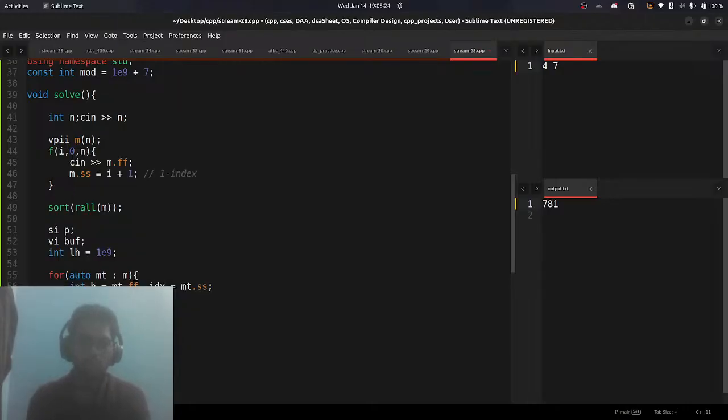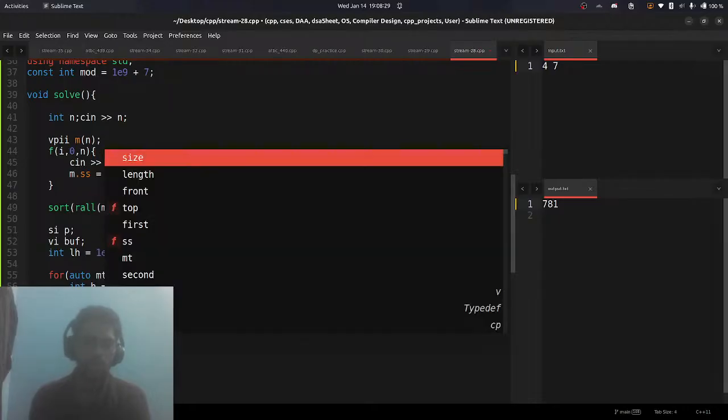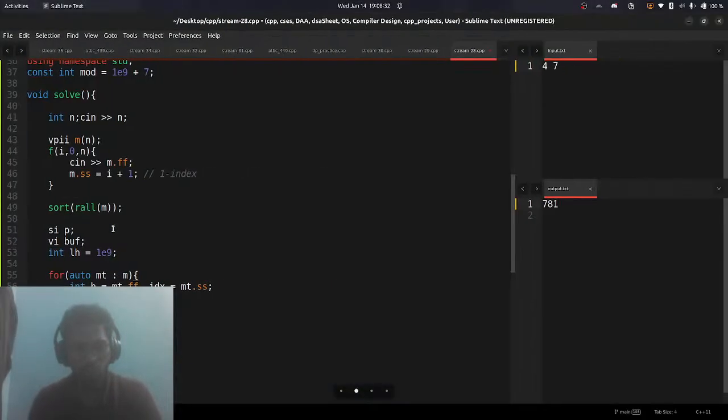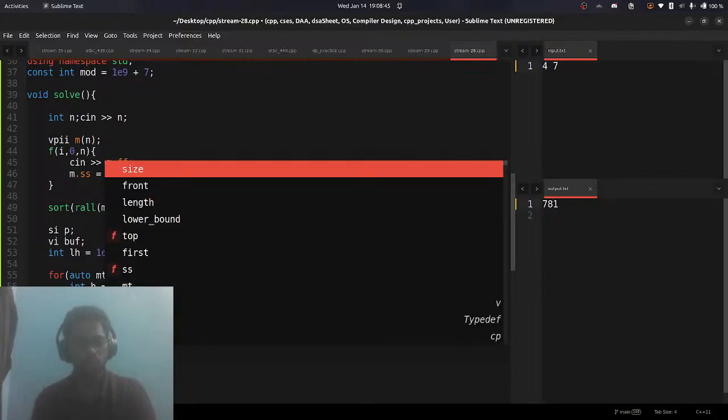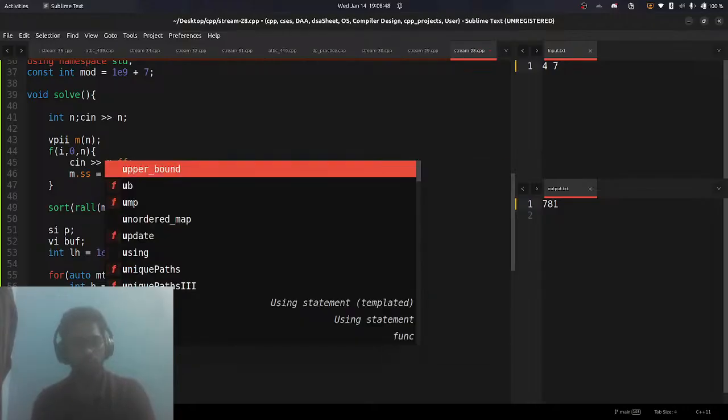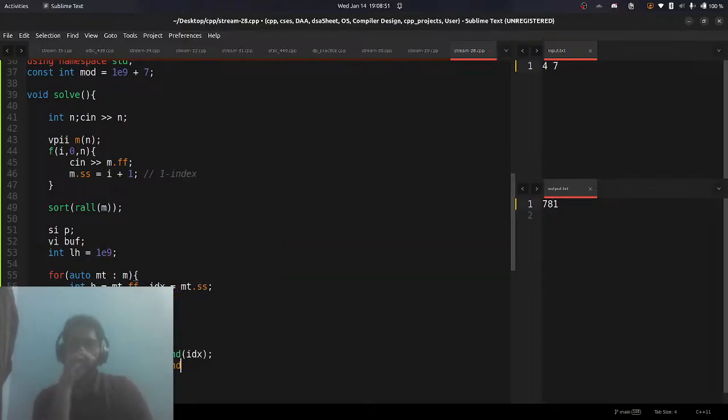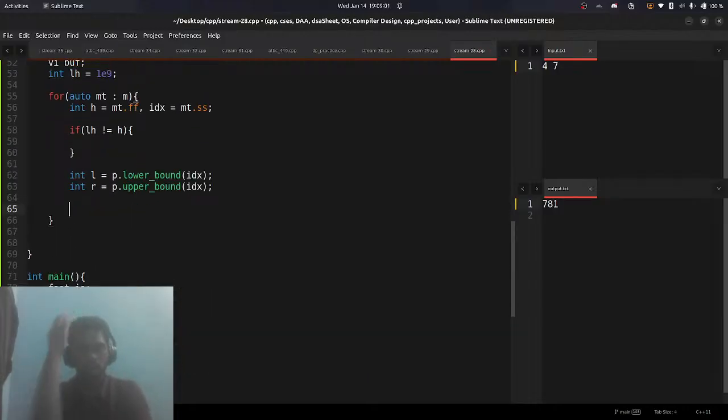Otherwise we'll calculate the L, which is this processed mountains, the processed mountains, and I'll do lower bound for the index. The right also will do upper bound for index. That is done.